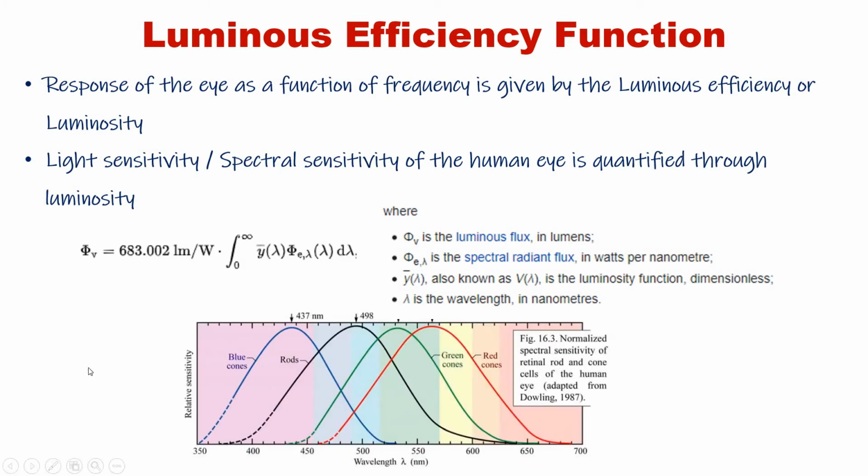So if we look into the response function of different colors or different wavelengths, we can see that these colors are distinguished because of the cone cells present in our eyes, whereas black or low level lights are distinguished due to the presence of rod cells.